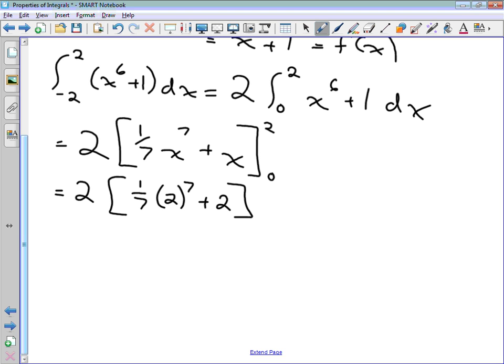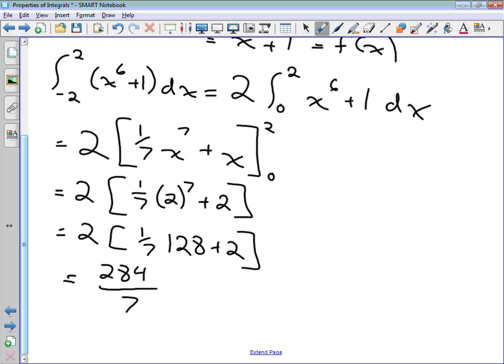So we just have to really evaluate at one of our limits here. So we get 2 times 1/7 times 128 plus 2, and we can work out what this is, and it all works out to 284 over 7, exactly. So that's getting a common denominator, and et cetera, et cetera, et cetera. Okay?